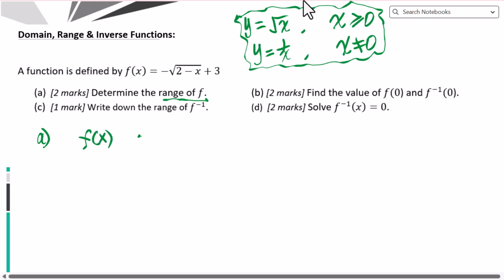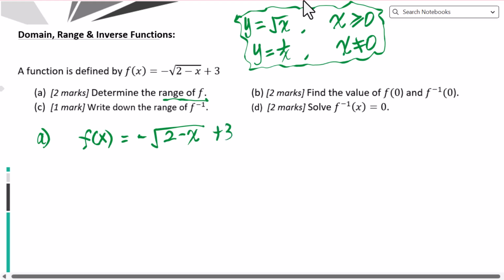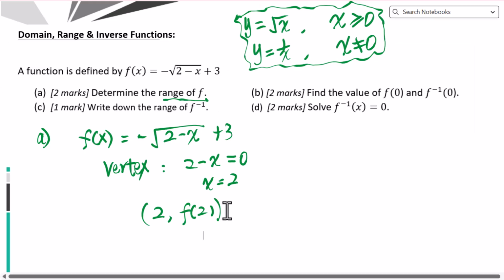Before we get started, we need to figure out the vertex of these radical functions. The vertex of this square root function, we will make a radicand equal to 0, x equals 2. So the vertex will be 2, f of 2. Let's go to calculator.